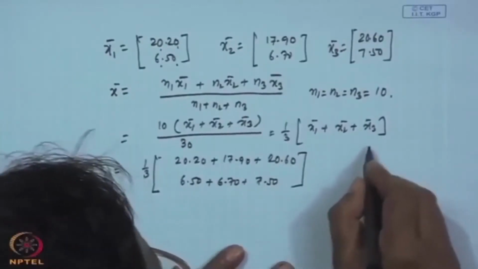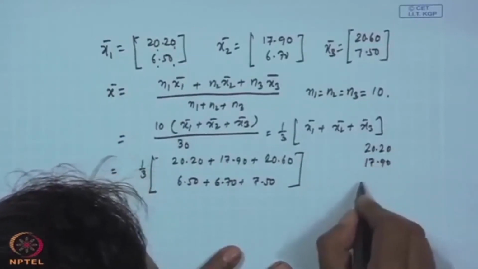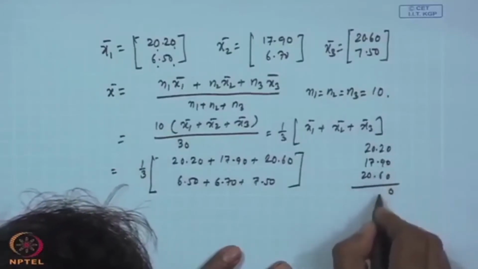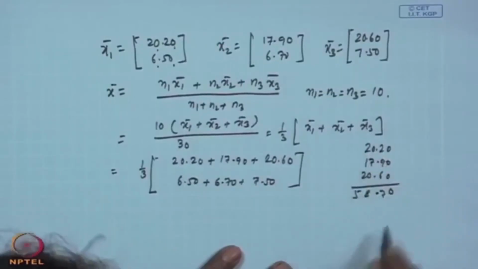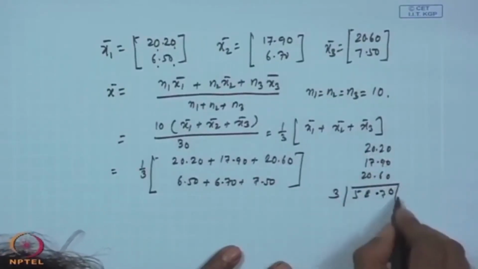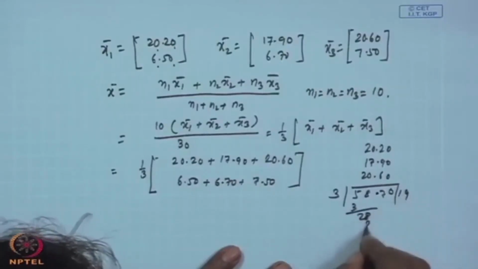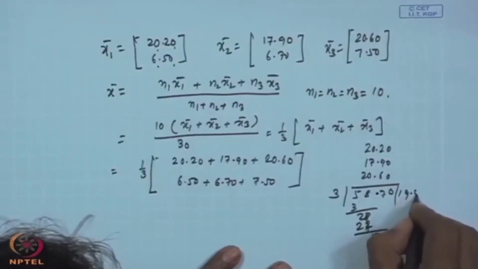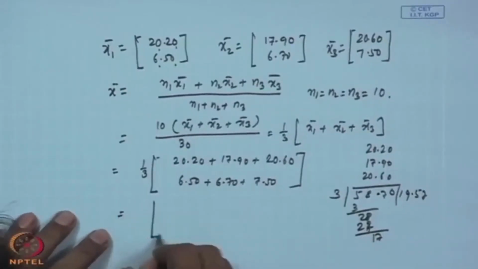If you add all those things, 20.20, 17.90 and 20.60, quantity will be 58.70 divided by 3, so this quantity will be 19.57.